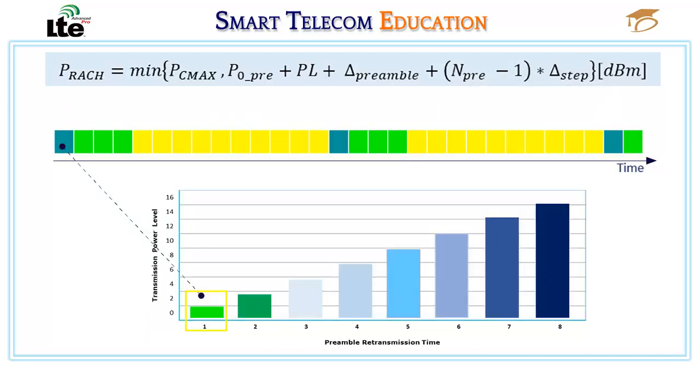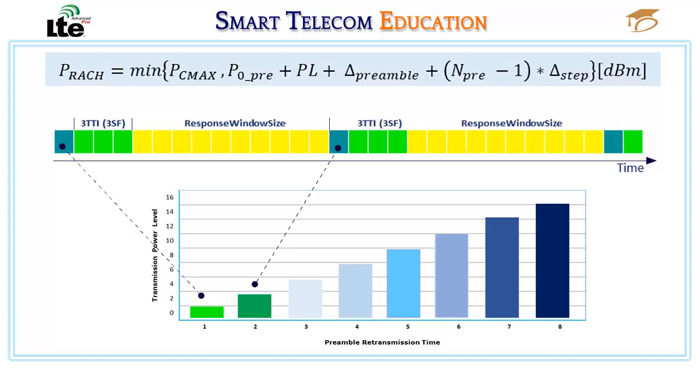The first preamble is transmitted without power ramping as the N_pre is equal to 1. If no response is received within the random access response window, the power is adjusted by the power ramping step and the preamble gets sent again. The random access response window starts at the last subframe containing the end of the previous preamble plus 3 subframes, and ends at the last subframe containing the end of the previous preamble plus 3 plus the response window size.